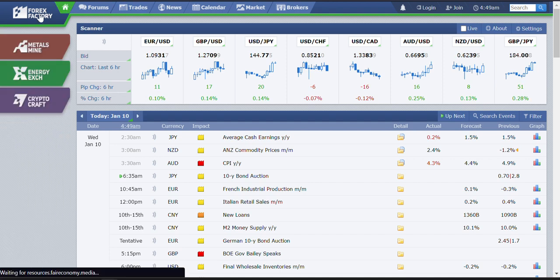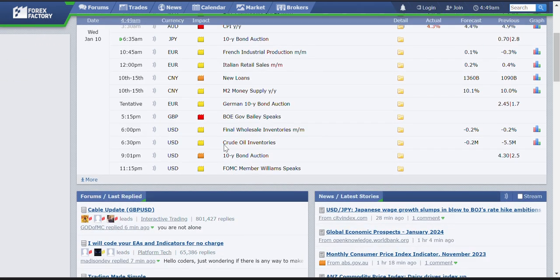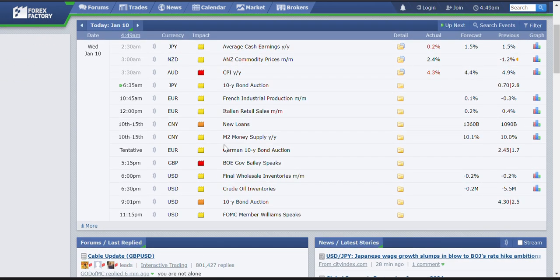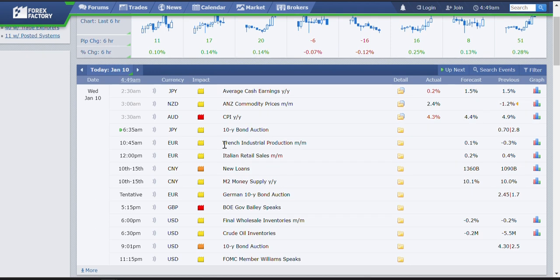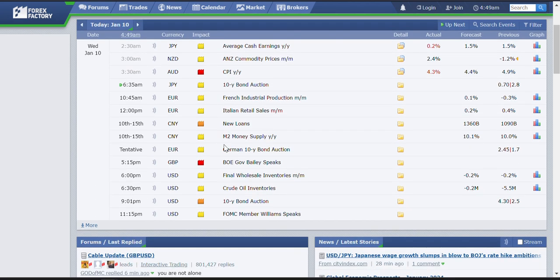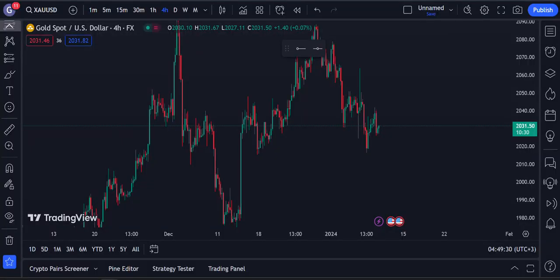And as we can see, for today, we have a pretty clean day in regards to gold and USD. The news that we have today are not that major, so I think it's a perfect day for trading price action.